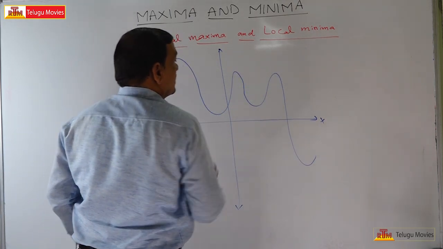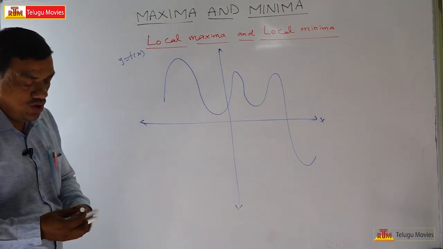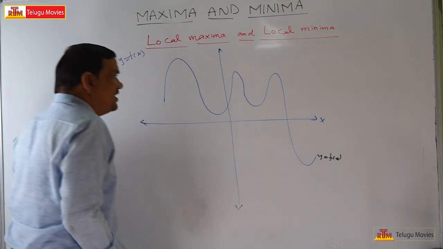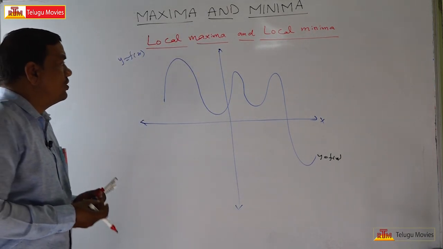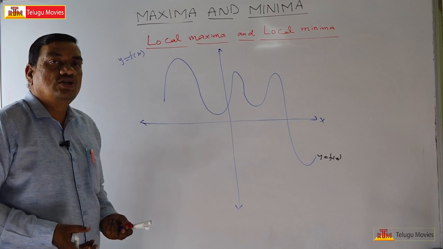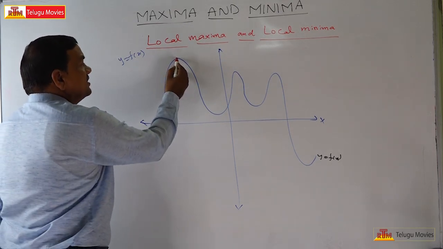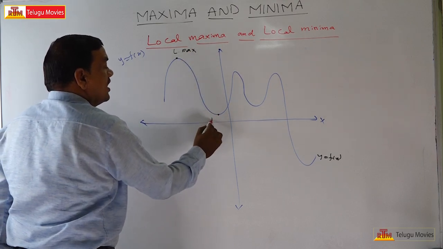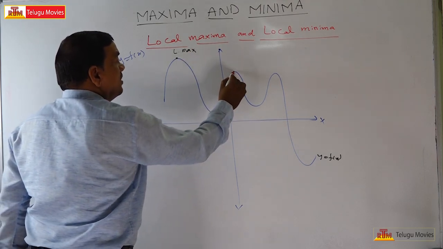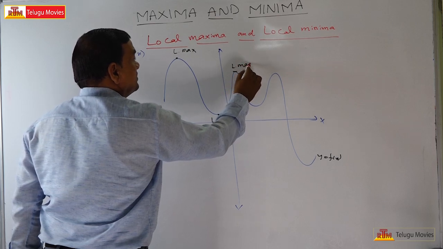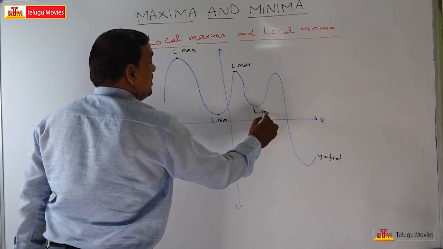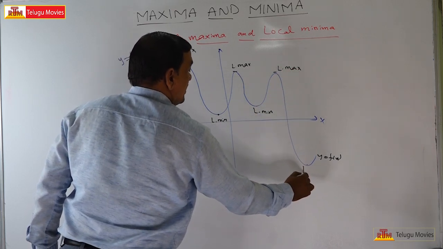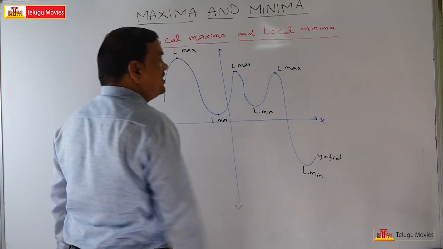See here, anybody, even without any mathematical knowledge, can say that here it is local maxima, here local minima, here local maxima, here local minima, here local maxima, here local minima. What is meant by local?